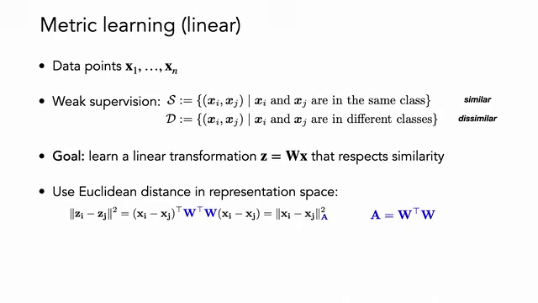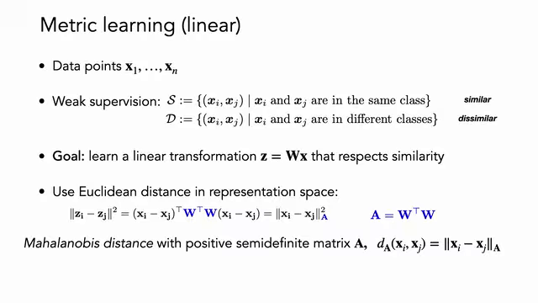We like positive semi-definite matrices because they're easy to work with mathematically. And so this distance is actually explicitly defined as the Mahalanobis distance. The Mahalanobis distance between 2 points is defined by a positive semi-definite matrix A, and it's defined explicitly as that, right?